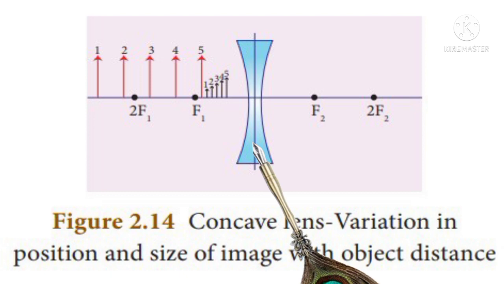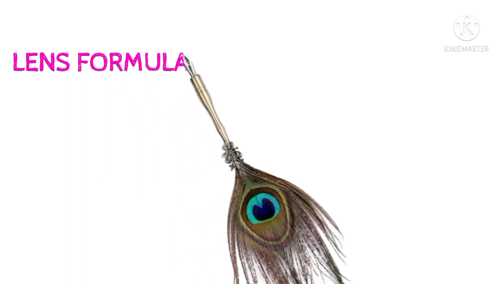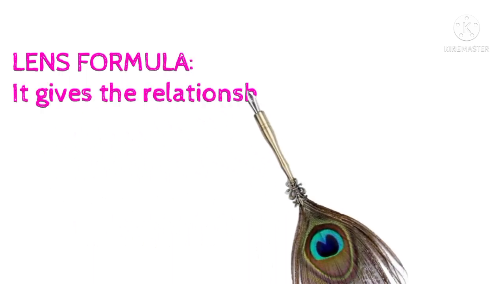Here, the objects are represented in the red arrow and their respective images are represented with the black arrows, which is near the focus of the lens. Here we can simplify it in this tabular column by seeing the two conditions of the position of the object.